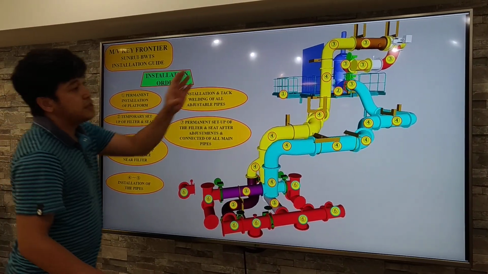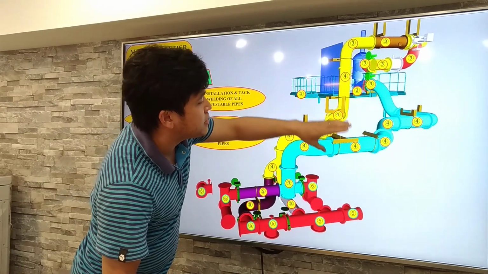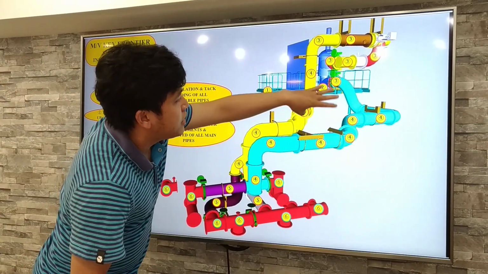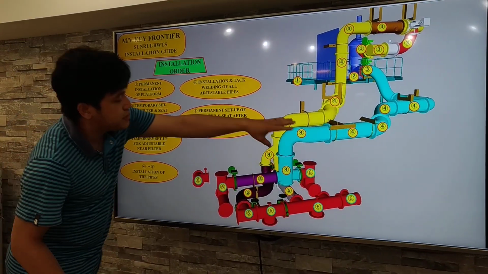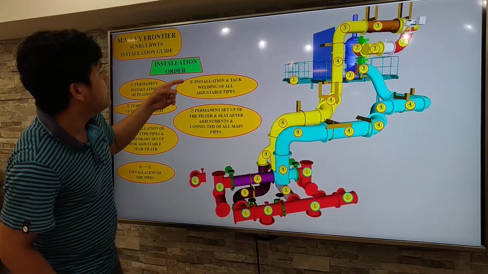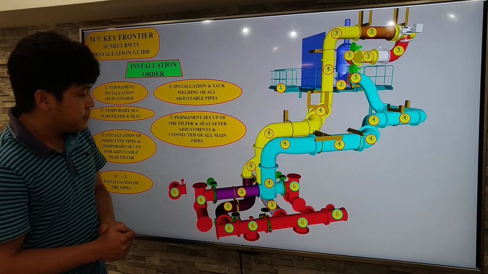Next, after this area, we will proceed to the outlet part and the inlet part below the filter. Next, after this one, we have the installation and tack welding of all adjustable pipes.